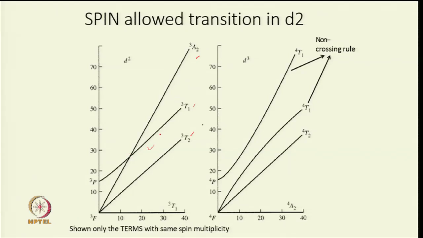That is allowed because this is between T and A, but if you go to D3, then there are 2 T terms, and now you can see it deviates, it does not cross. This one goes up and this one goes down, and that is again known as the no crossing rule.